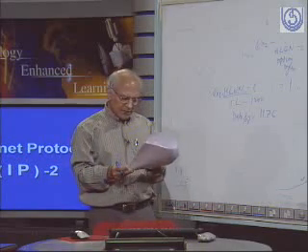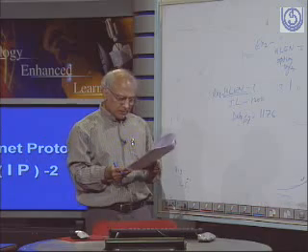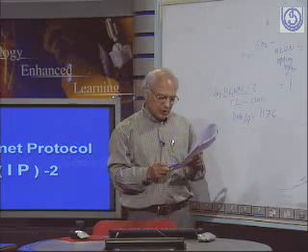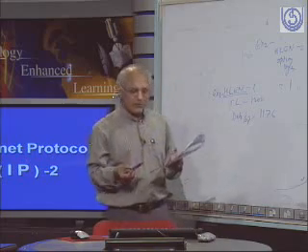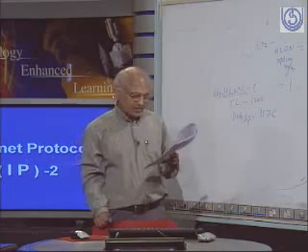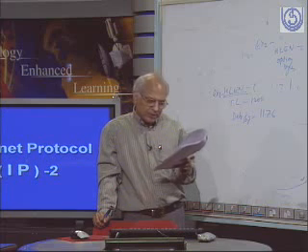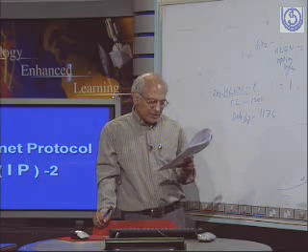The last question I will take is this: the size of the option field of an IP datagram is 20 bytes. What is the value of HLEN?